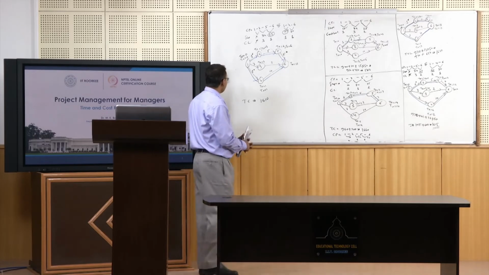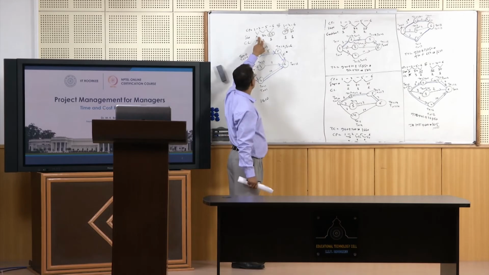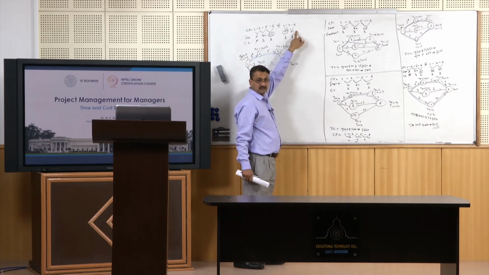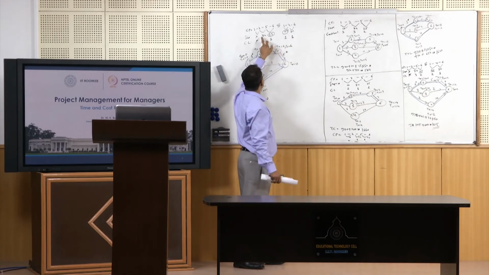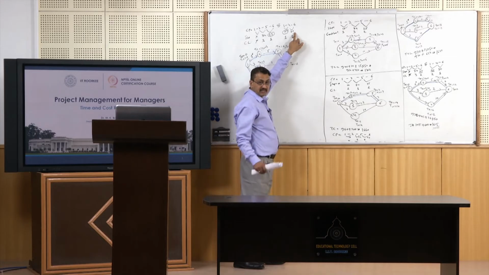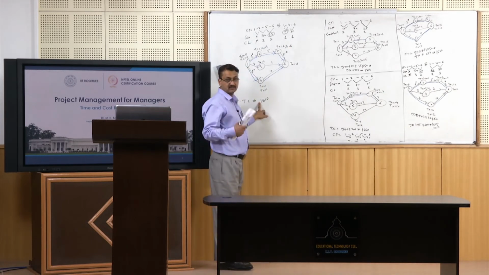But when you do that, your total direct cost will increase by 64 rupees, and your indirect cost will decrease by 50 rupees. So this cost will increase by how much? 16 rupees, isn't it?